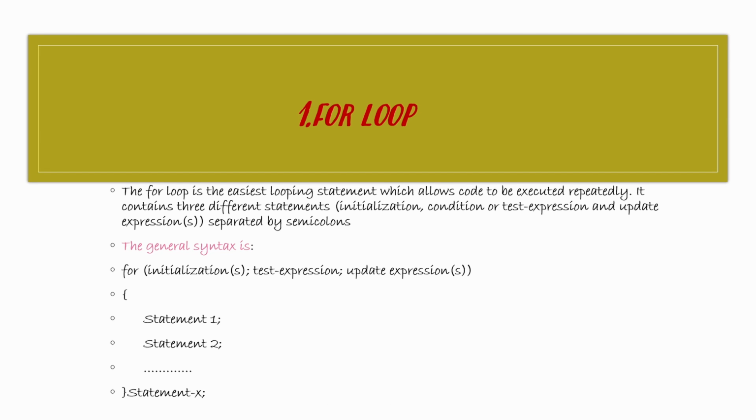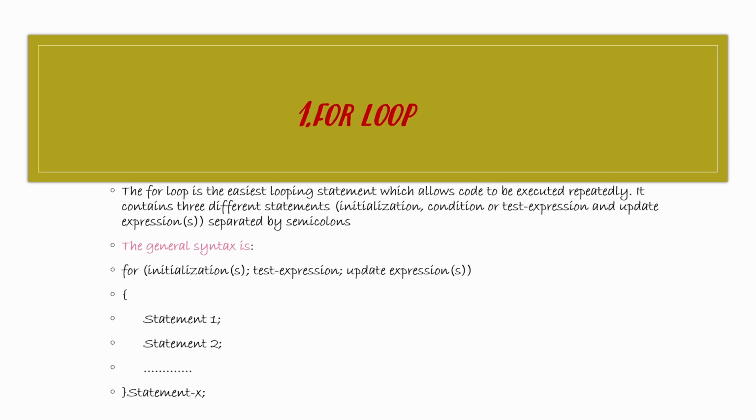The first one is the for loop. The for loop is the easiest looping statement, which allows code to be executed repeatedly. It contains three different statements: initialization, test expression, and update expression, separated by semicolons.